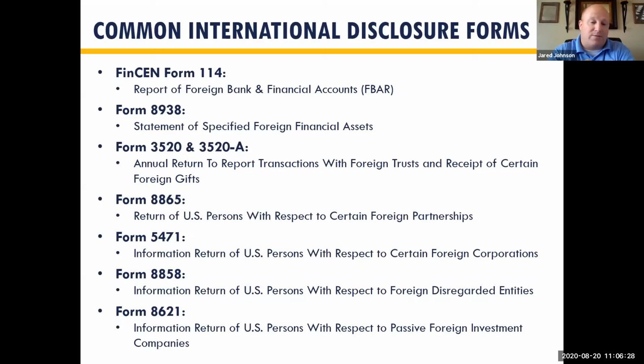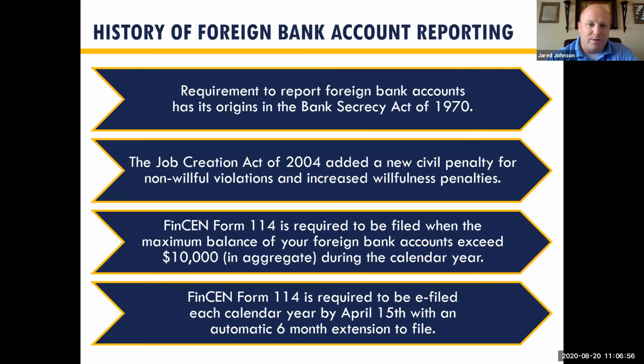And then last of all, one of the most complex issues of all of them, Form 8621, which is the reporting of passive foreign investment companies, known as PFICs. We'll talk about each one of these, but these are the ones that we most commonly see. So that brings us to, let's see here.